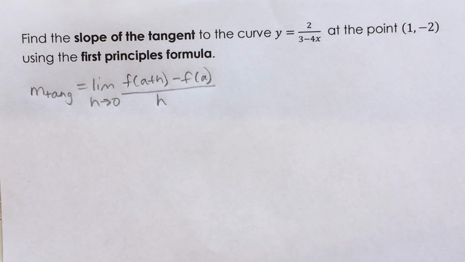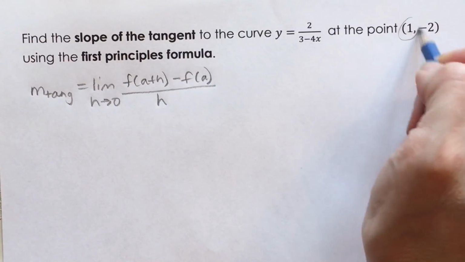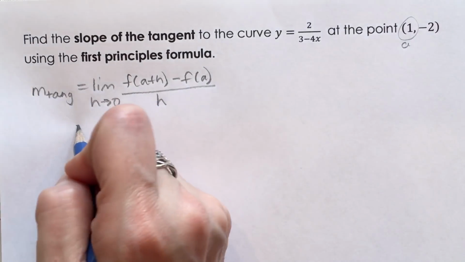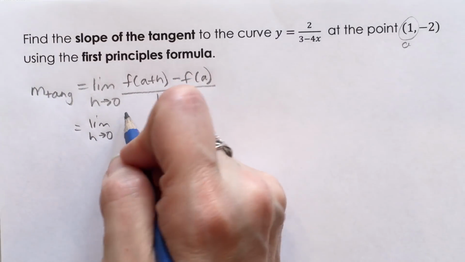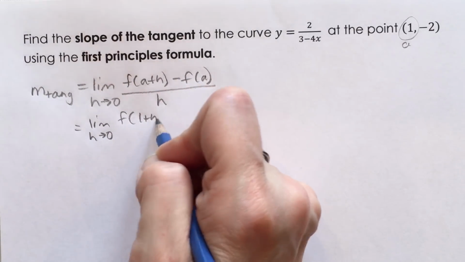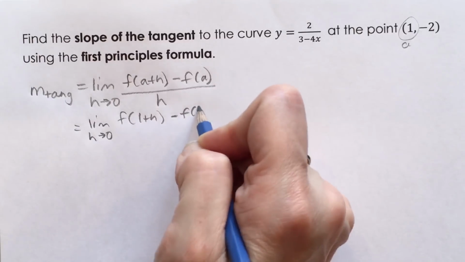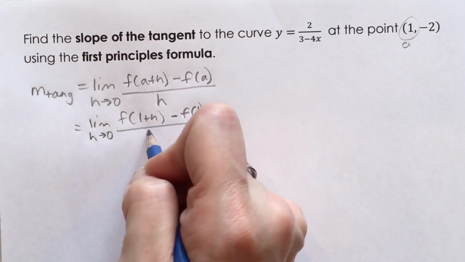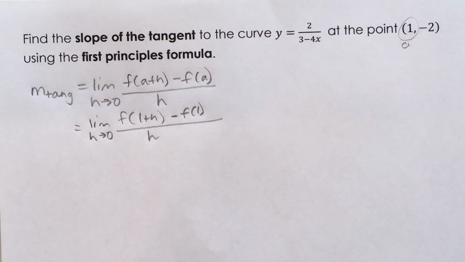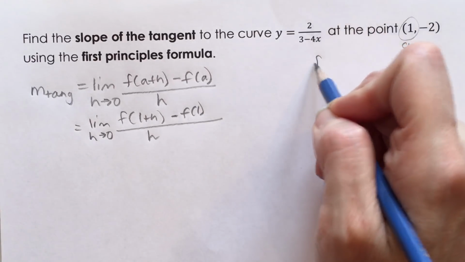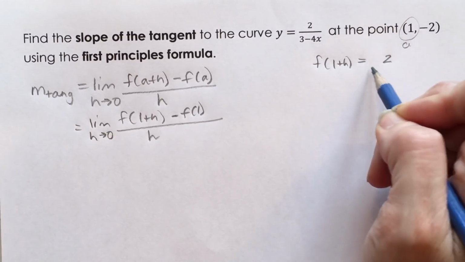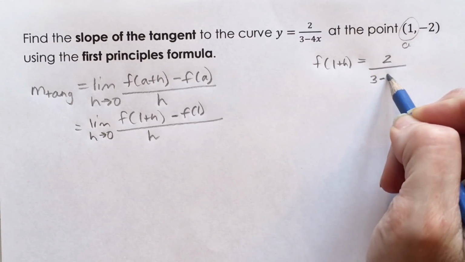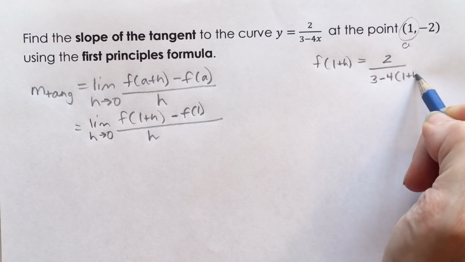Okay, and in our case, a is 1. So we can say the limit as h approaches 0 of f at 1 plus h minus f at 1 over h. So then we would need to find out what is f at 1 plus h. That's going to be 2 over 3 minus 4 times 1 plus h.